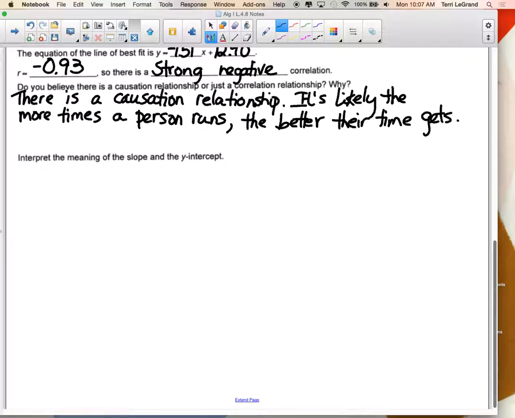You can't sit on the couch and eat potato chips and think that your time running the mile is going to get better. You need to get out and run, right? Seems likely that there should be a causation effect going on here.